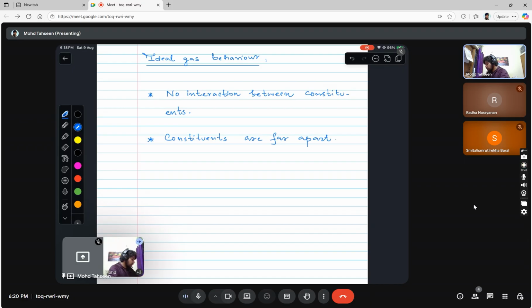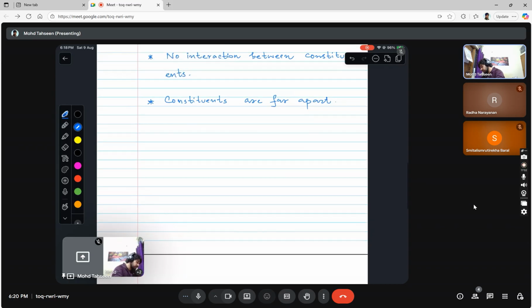So what are the conditions under which such assumptions are valid? Such assumptions are valid if the pressures are extremely low, right?